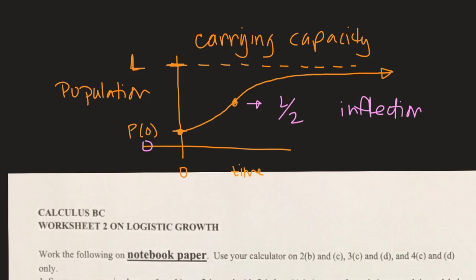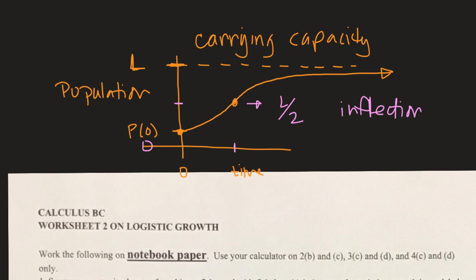We have to create an equation to figure out when that's going to happen. But basically that point, half of your carrying capacity, is when the rate of maximum growth is occurring. So we're concave up to this point, and then our graph is concave down. It's still increasing, but at a decreasing rate.